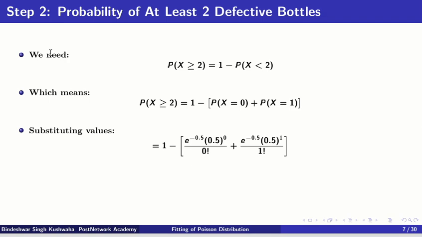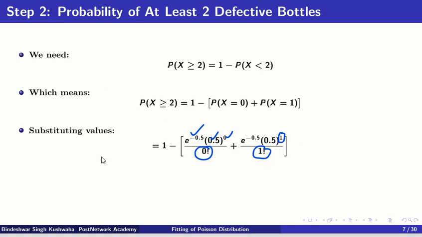So 1 minus, you can see the whole expression, e raised to minus 0.5, that is the value of lambda, 0 is the value of x and factorial 0. The same way, instead of 0 we will plug in 1 for x equal to 1.